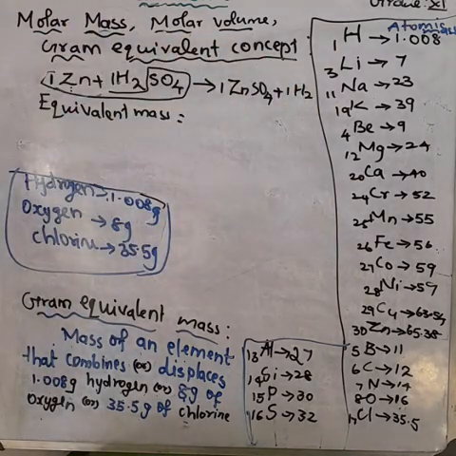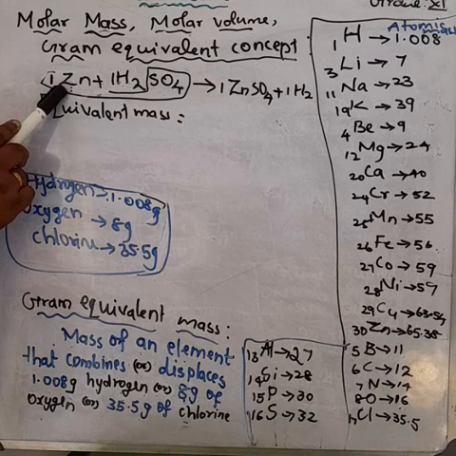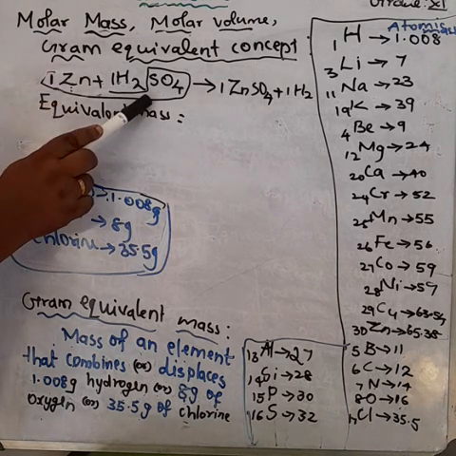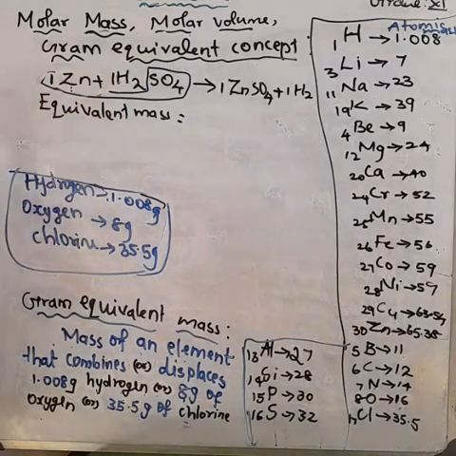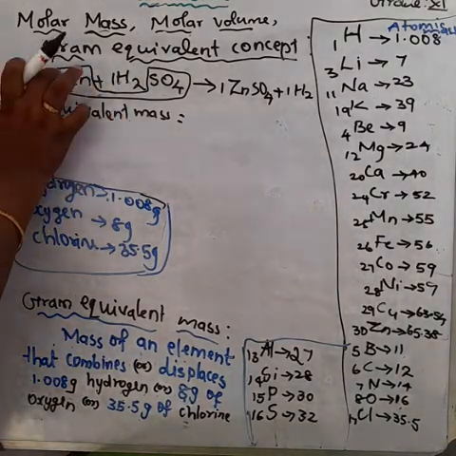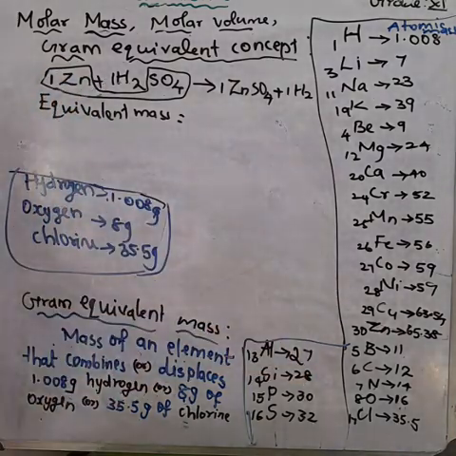So here 1 mole of zinc reacts with the sulfuric acid. This 1 mole of zinc, how many grams is that? What is the atomic mass of zinc? Zinc atomic mass, what?